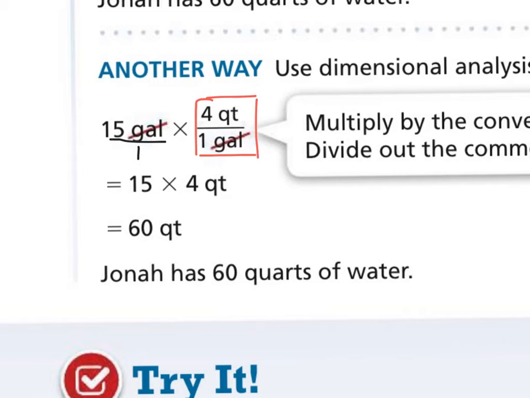And then you could do 15 times 4, which would be 60. Okay? And again, with that conversion factor, it's either going to be multiplying by 4 or dividing by 4. That's the only question, which one do I do? So sometimes doing a proportion or this dimensional analysis might help to clarify which one you need to do.